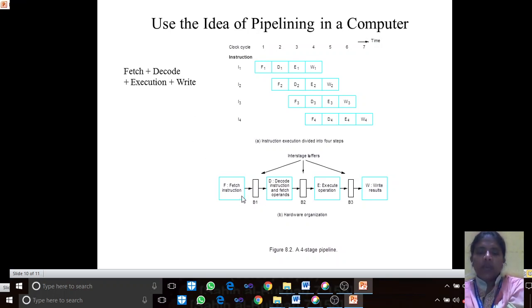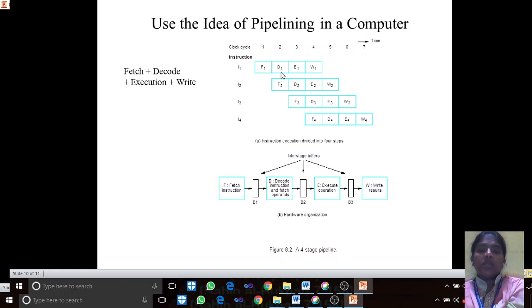There are instruction buffers in between each of these. The buffers are temporary storage registers B1, B2, B3. These three registers can be used. Now, with the help of pipelining, when the fetch of instruction one is taking place, no other instruction is fetched.